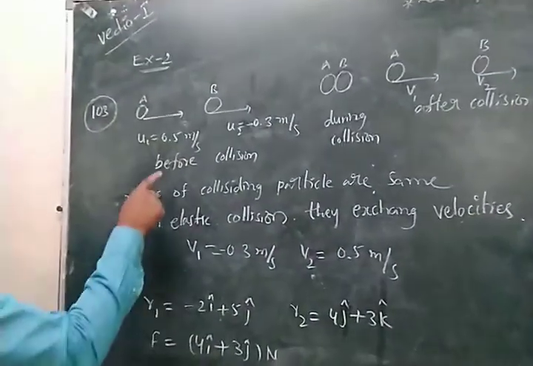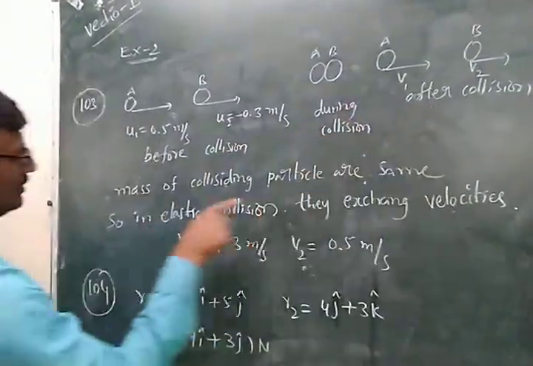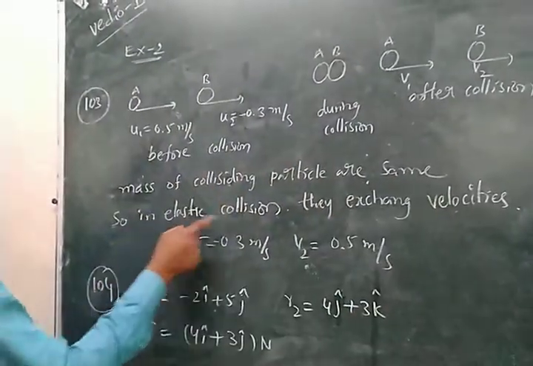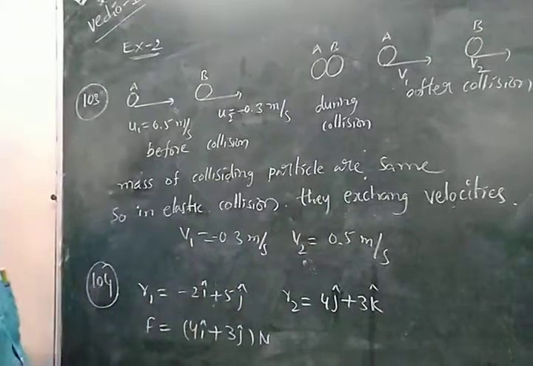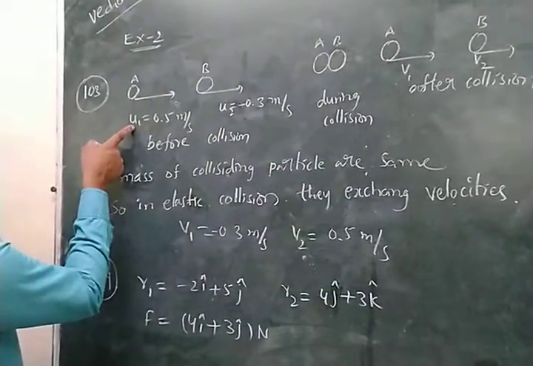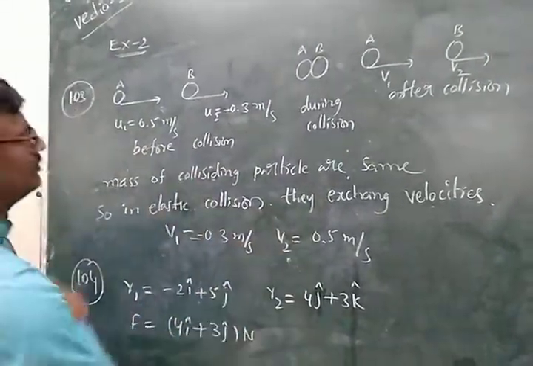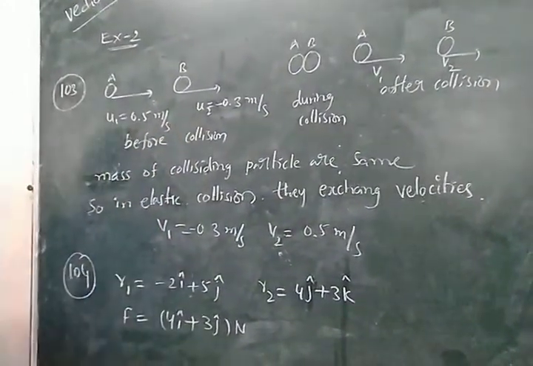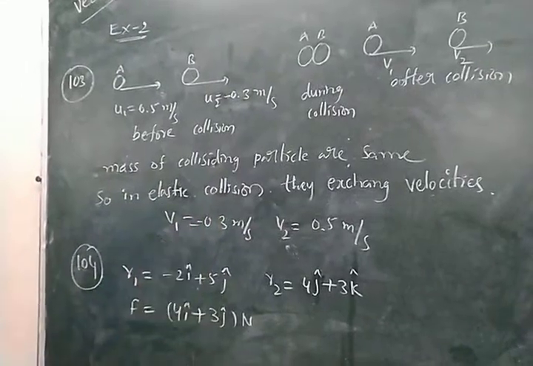See here, before collision and after collision. The masses of the colliding particles are the same, so in elastic collision they exchange velocities. The exchange of velocity means the initial velocity u1 is converted to the final velocity v2, and the initial velocity u2 is converted to v1. That is the exchanging of velocities.